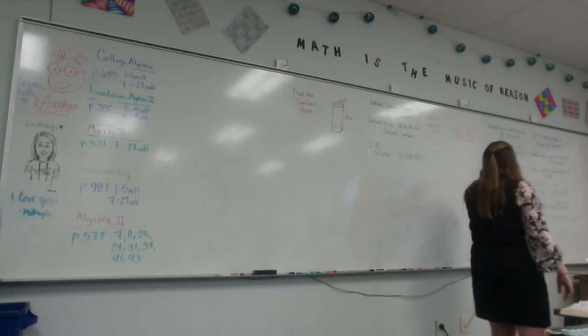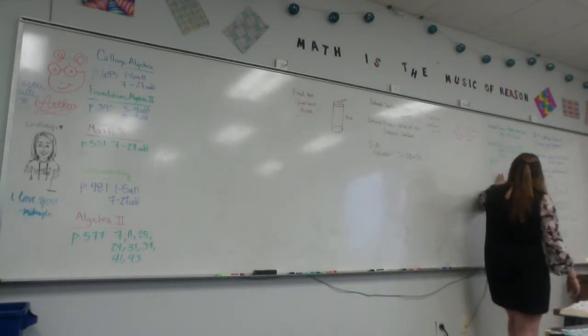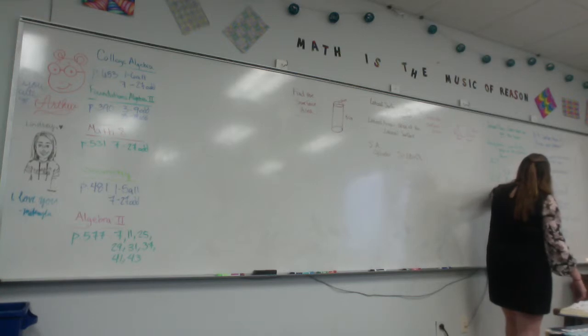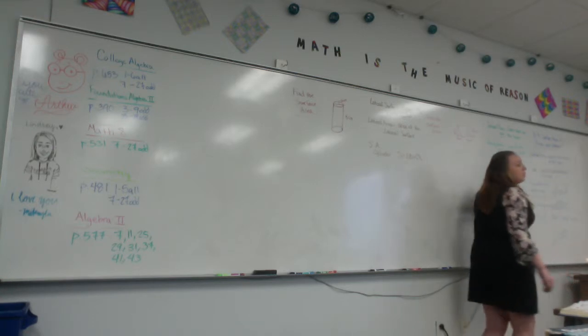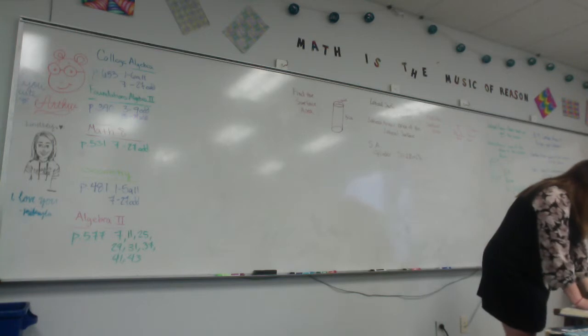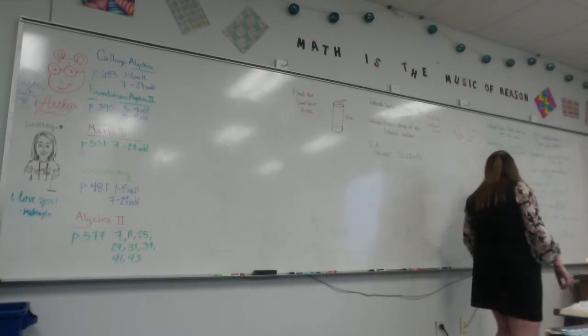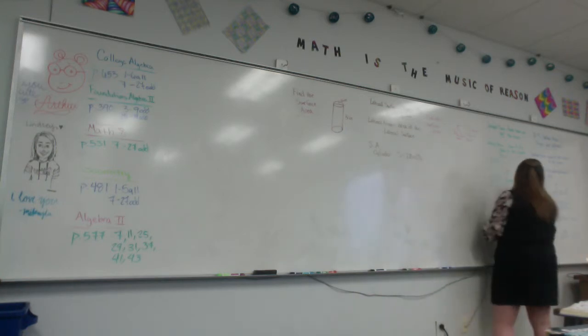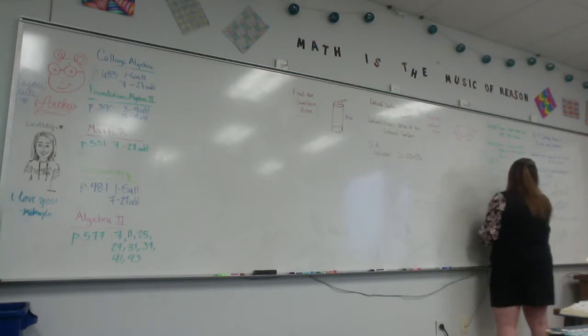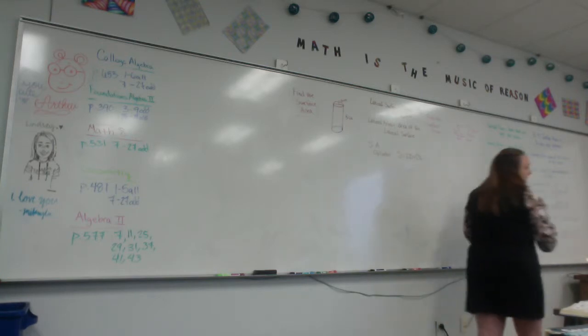Okay? If I'm finding the surface area of a prism, the surface area equals 2 times the B, and when it says B like that with bases, that's the area of the bases. The big B stands for the area of bases. So 2 times that, because I have 2 bases, plus, what do you think that P stands for?